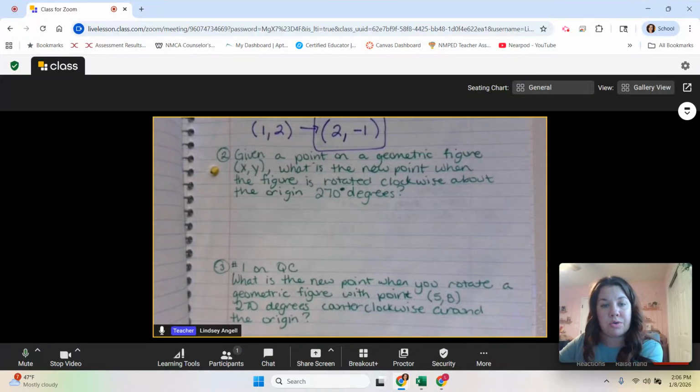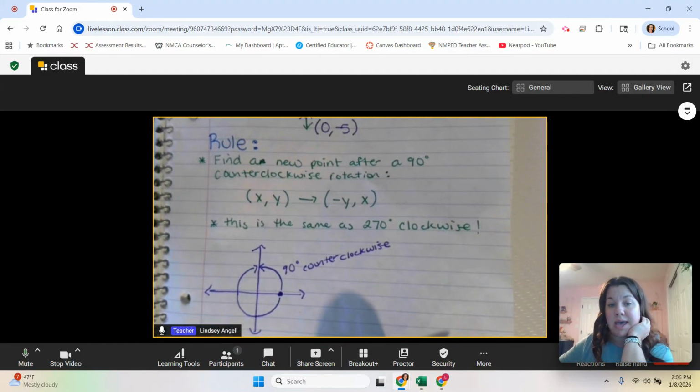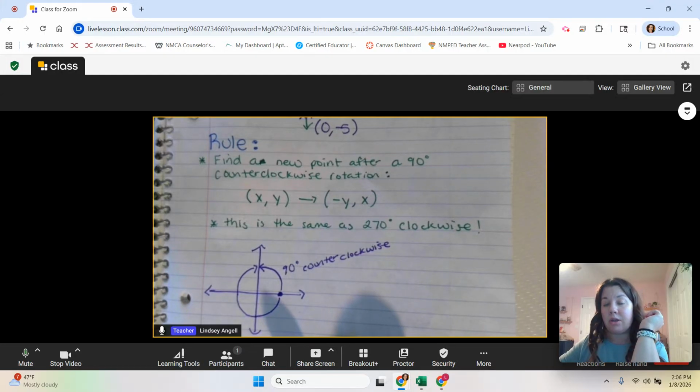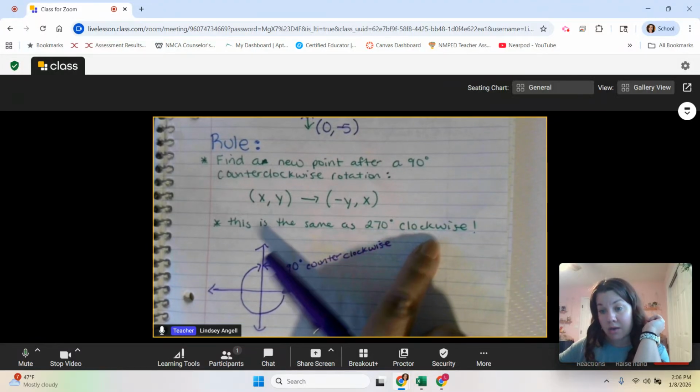Okay, let's look at number 2. Given a point on a geometric figure, x, y, so this time we're not even given the coordinates, we're just given x and y. What is the new point when the figure is rotated clockwise about the origin 270 degrees? Well, that gets us down to that second rule that we learned. This is the same as 270 degrees clockwise.